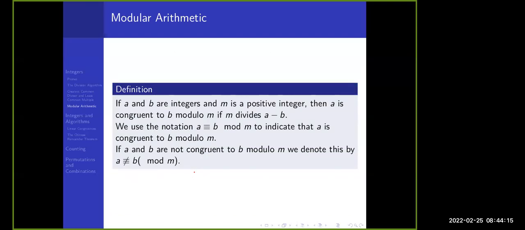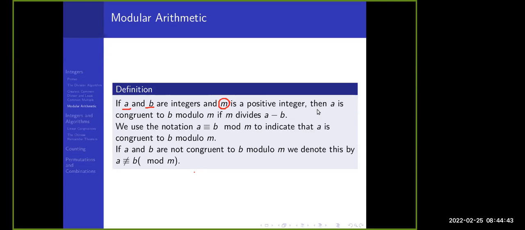So let's start here. If A and B are integers and M is a positive integer, we don't care about the signs of A and B. It can be anything you want. We're more interested in M being a positive integer.